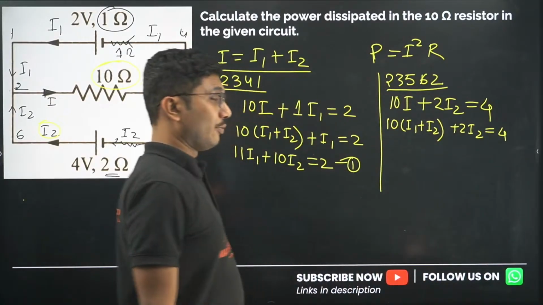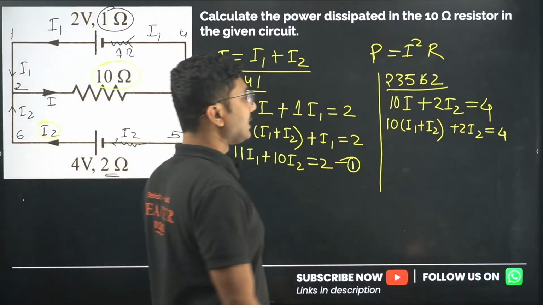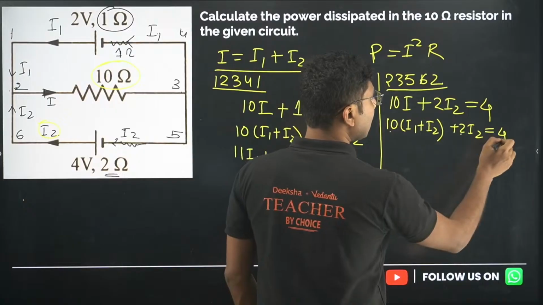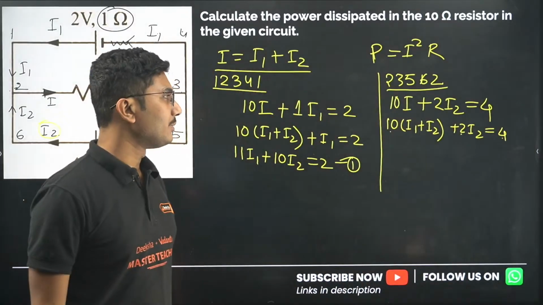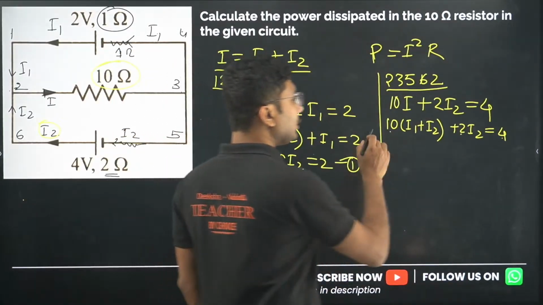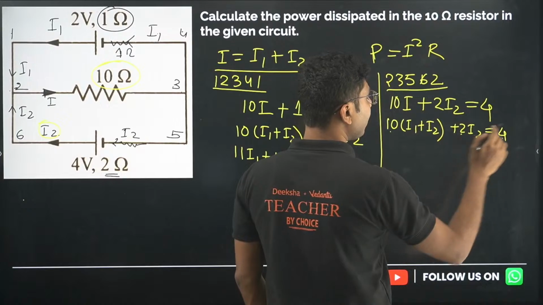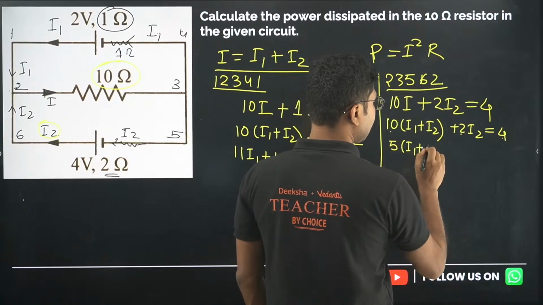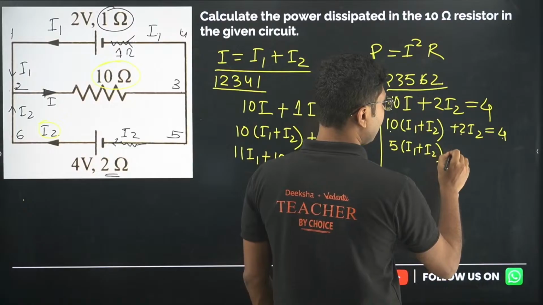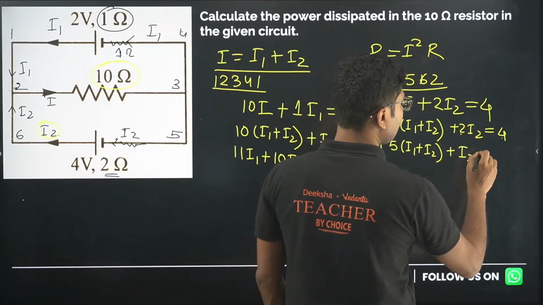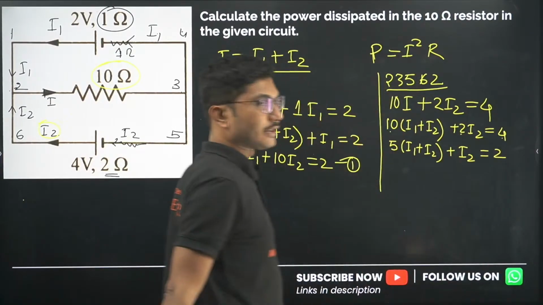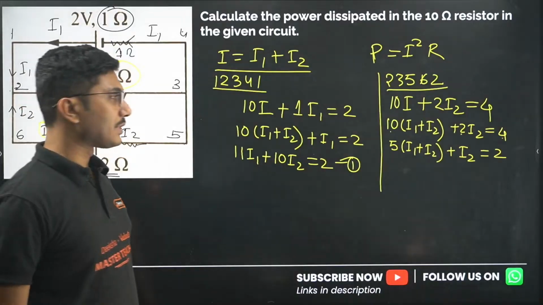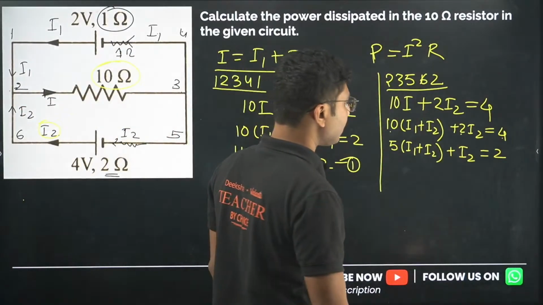Now what smart work we will do: each term is a multiple of 2, so we will divide each term by 2. So we get 5I1 plus I2, and you can decide this based on the problem itself. So 5I1 plus 6I2 equals 2.